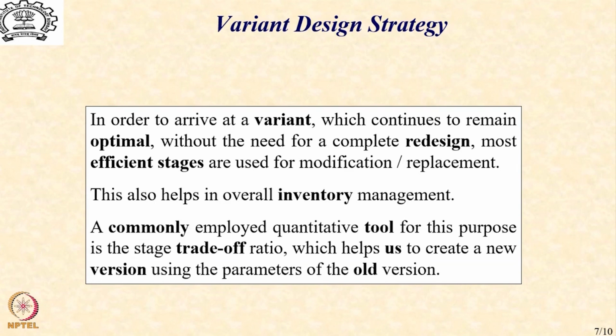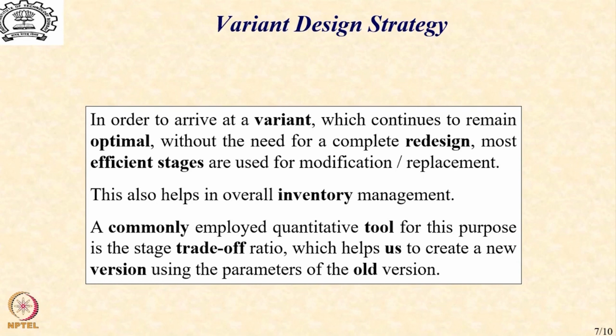Now, how does one do this? That is, how does one identify the stage or stages which are more efficient, where a small change would result in a large change in the performance, and also will keep the rocket as close to optimal performance as possible?